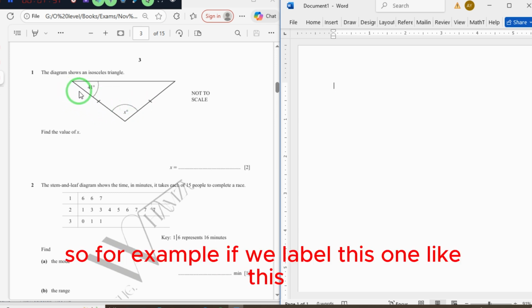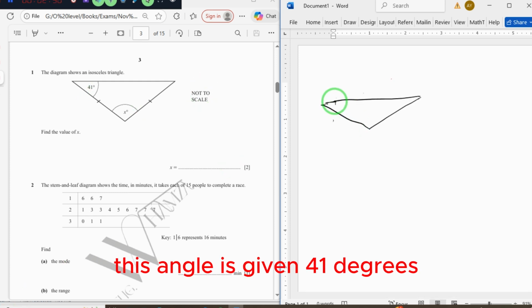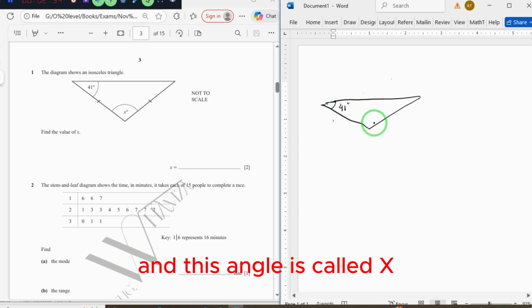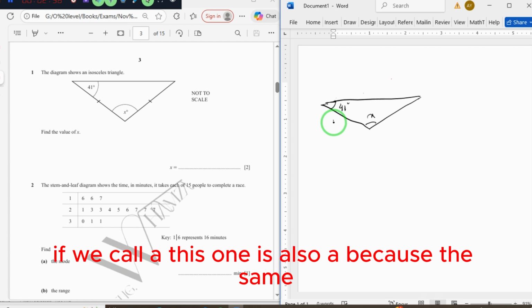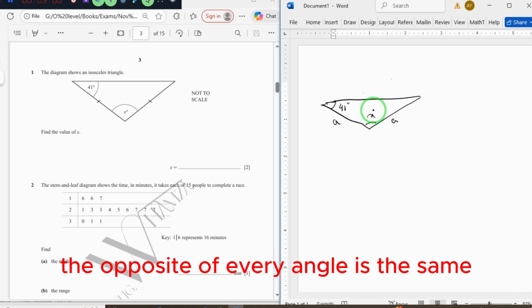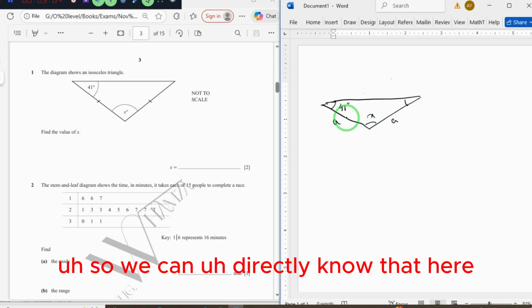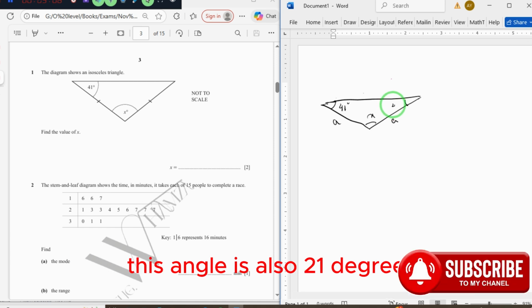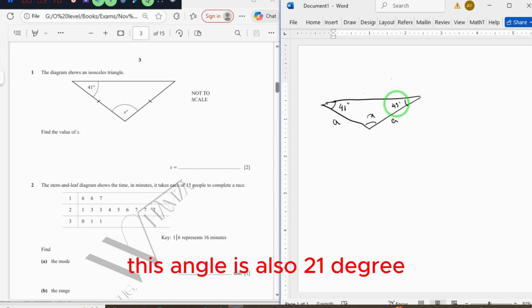If this angle is given as 41 degrees and this angle is called x, then the other base angle is also 41 degrees, because the angles opposite the equal sides are the same.